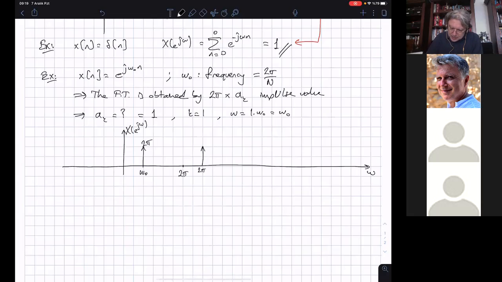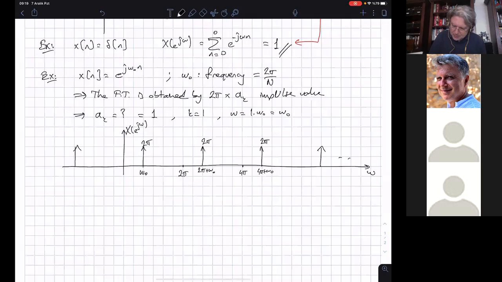So the place here is 2 pi plus omega 0. It's again with the same magnitude. And then we have 4 pi, and therefore we have another repetition here, 4 pi plus omega 0, with the same magnitude, etc. It goes on like this.